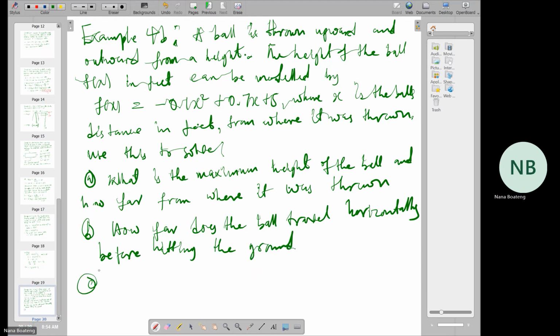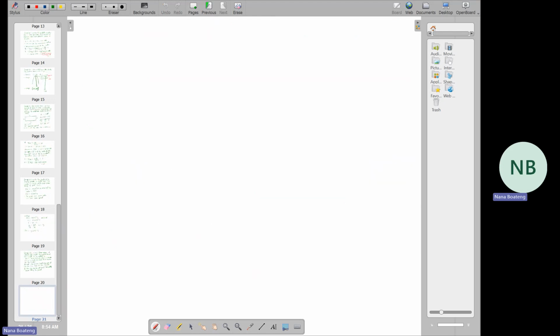And C, all right, so let's try to solve these two. So A, we know that the maximum height occurs at the vertex point.